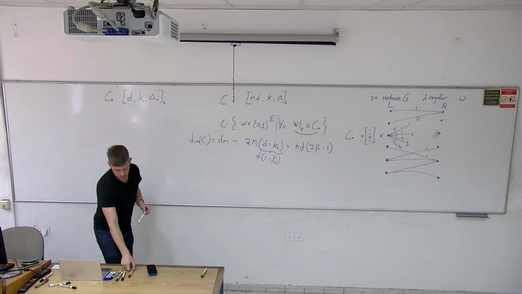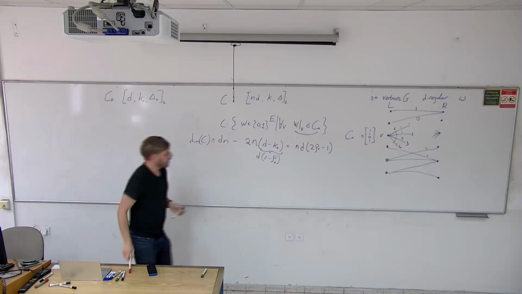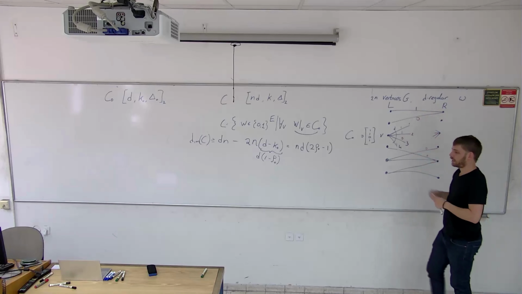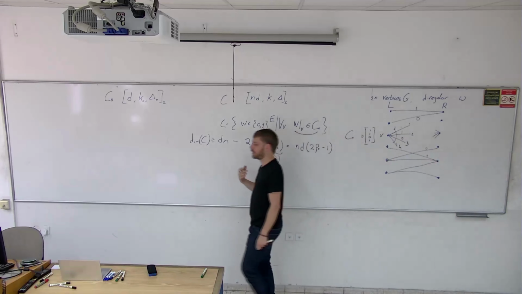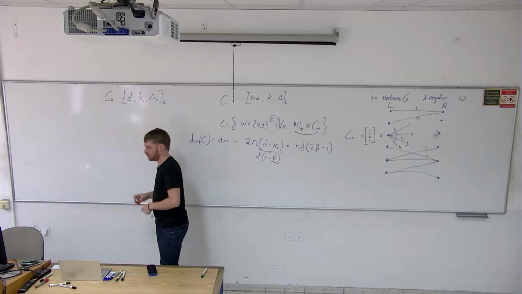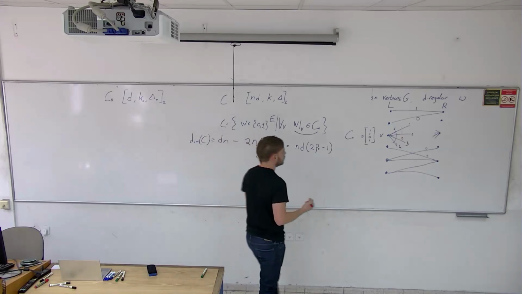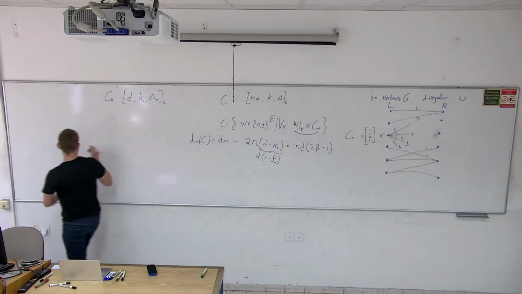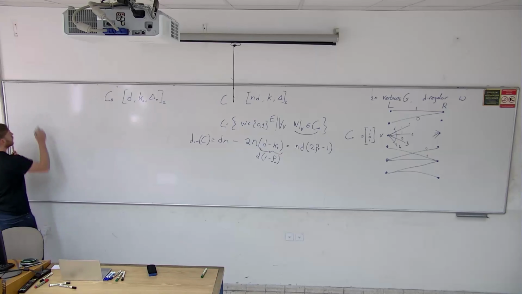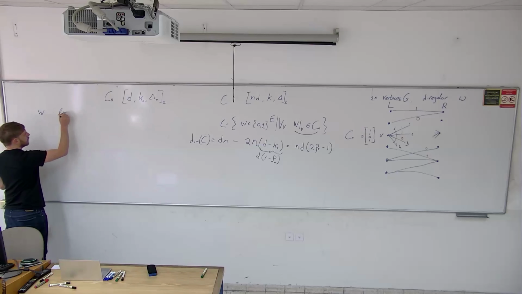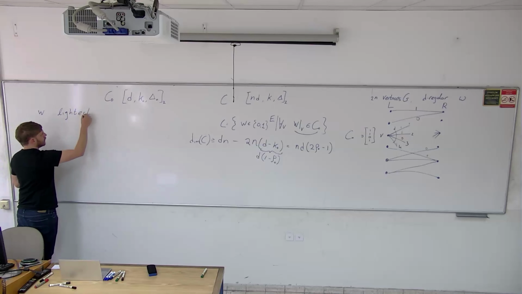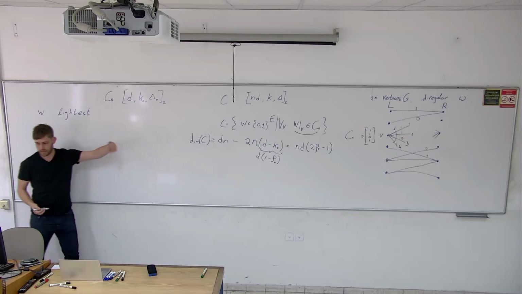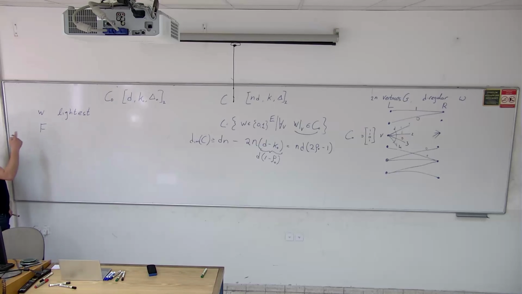Let's take a non-zero code word, and it has some zeros, many zeros, and some ones. I want to claim that there must be many ones, right? To say that the distance is large, I need to claim that there are many ones. So let's denote by W the lightest word, and let's denote by F the set of edges for which W assigns the value 1.